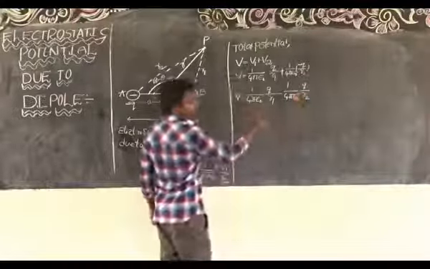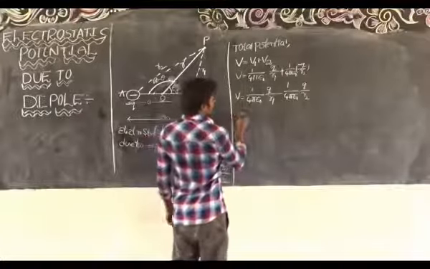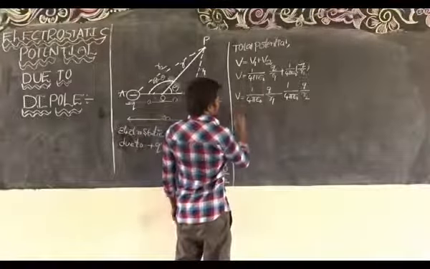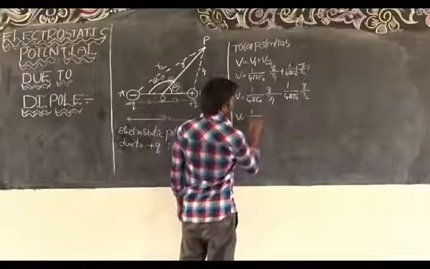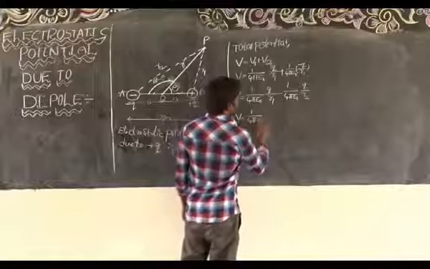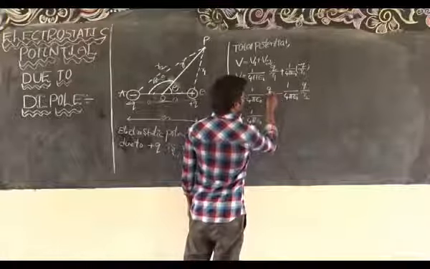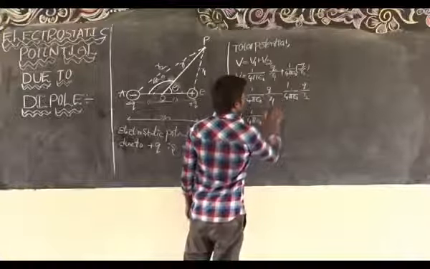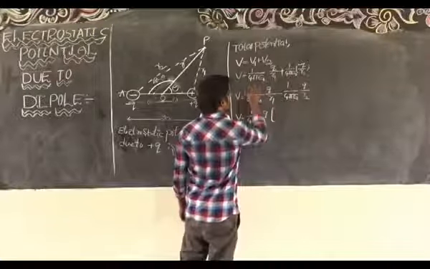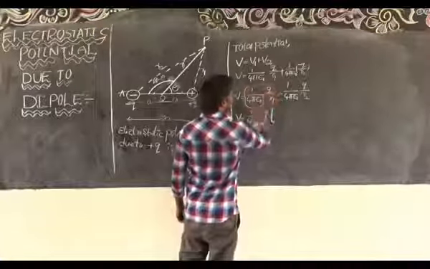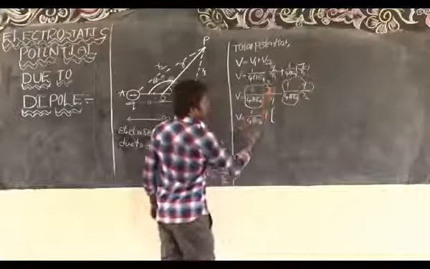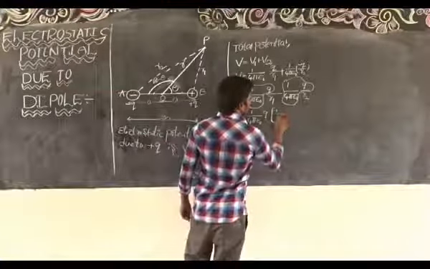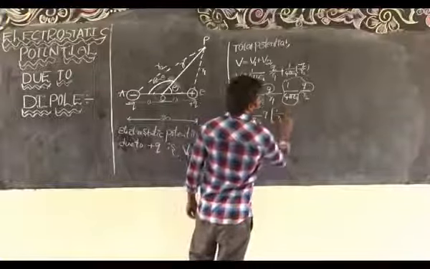Here, which terms are common? Please make it out. Take it out and write V is equal to 1 by 4 pi epsilon naught into... Q is also common now. So take Q also. This total term we are writing out, so what is the remaining here? 1 by R1, minus is there, minus.